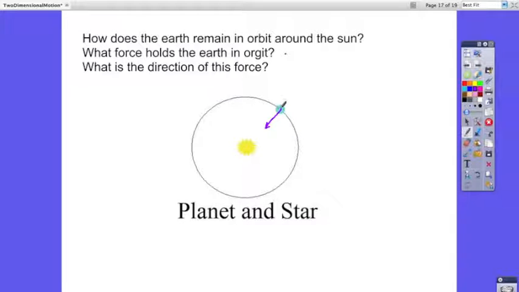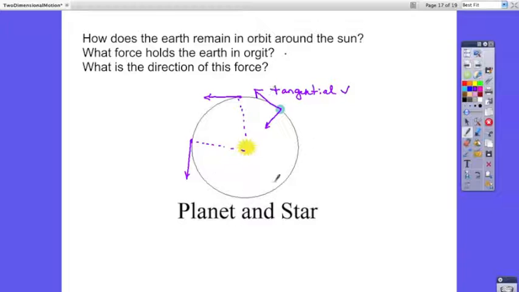So the Earth has velocity in this direction, tangent to the circle. And so this velocity is actually called tangential, T-A-N-G-E-N-T-I-A-L. Tangential velocity. All of the time, an object that's moving in a circle has velocity that's tangent to the circle. And that would be perpendicular to a radius. It's over here. It's going to be moving this way, tangent to the circle.